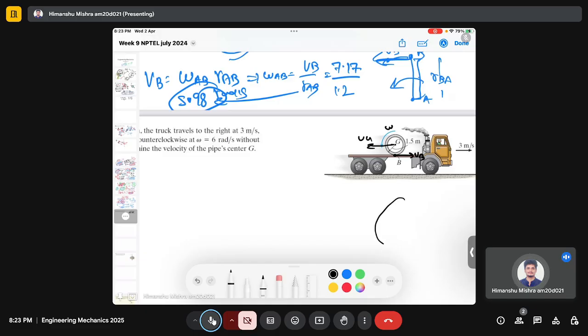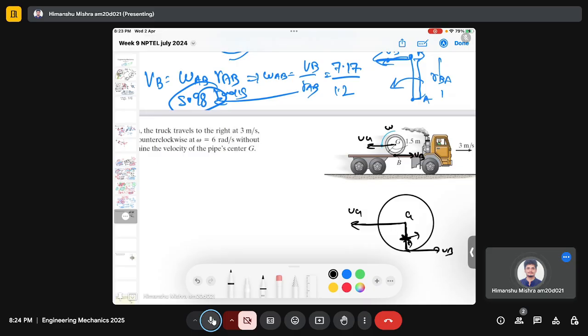So you have this pipe, this is G, this point is moving in this direction and this is B, this point is moving in this direction. So what should be the instantaneous center? As we discussed previously, this is the normal to the velocity of point G and this is the normal to the velocity of point B, and these should meet somewhere here.